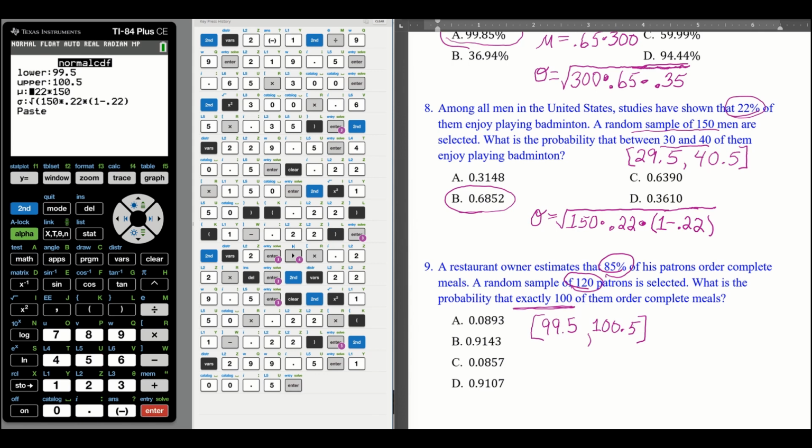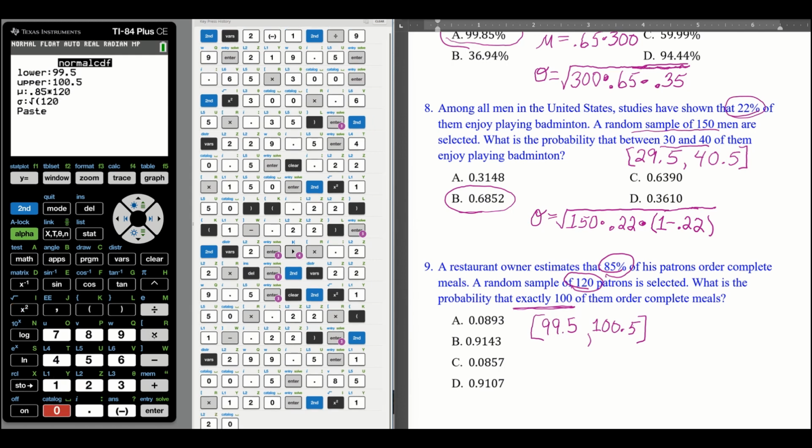Okay, now our mean, we must calculate that. 0.85 times sample size of 120. Now, I'm not going to use what's there. I'm not going to type over that. I want to go fresh. So we need our 120 times our percentage, 0.85.